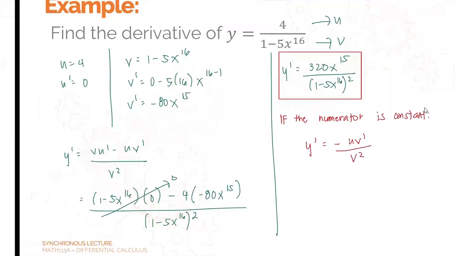So ayan yung pwedeng formulang gamitin nyo kapag nakita nyo agad na constant yung numerator. Or para hindi na kayo malito, para hindi na kayo magdagdag ng isa pang formula sa vocabulary nyo, edi i-perform nyo na lang yung original quotient formula.